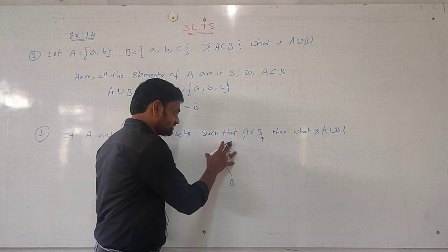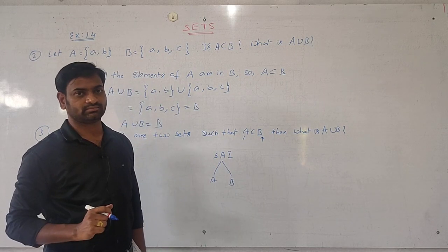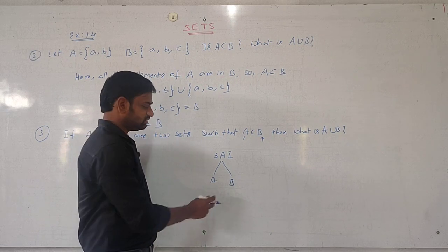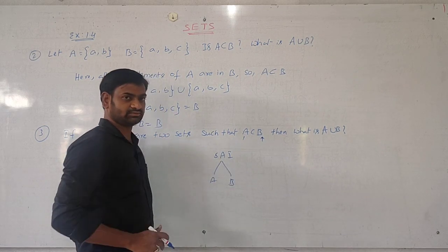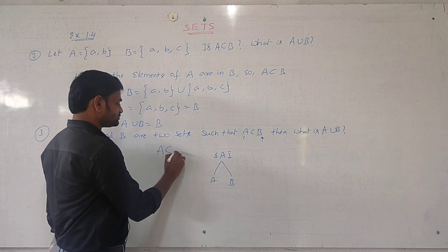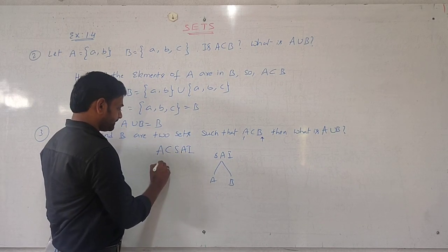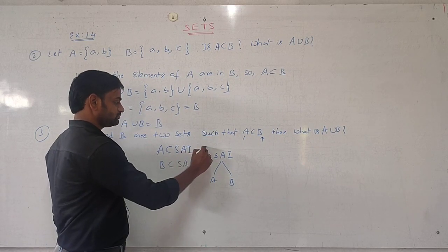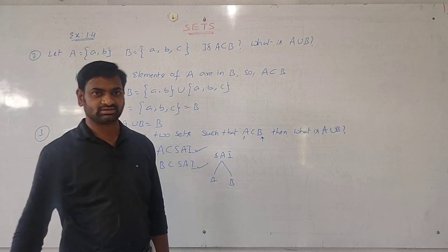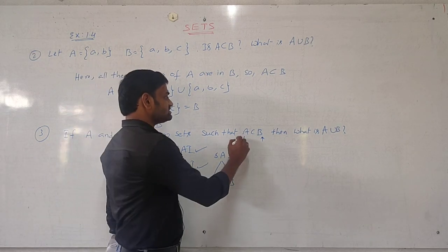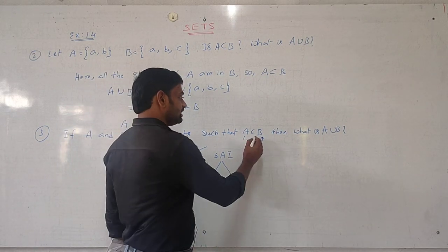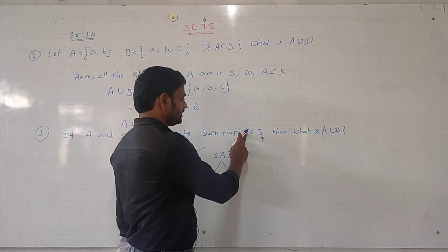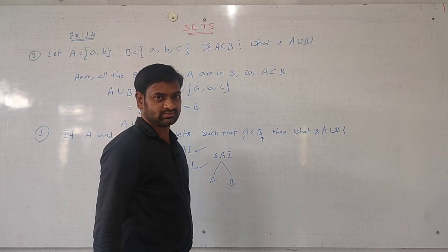So Sai Niketan is the big set. A is a subset of Sai Niketan, B is a subset of Sai Niketan. The same way, A is a subset of B means always B is the big set, A is the small set.